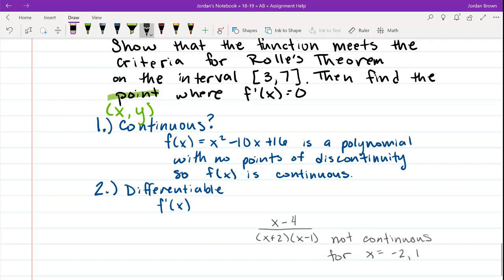But if we were trying to apply Rolle's theorem, we could do Rolle's theorem for the interval of -1 to 0. And then it would be continuous on the interval. And we would be okay. You good, Chad?